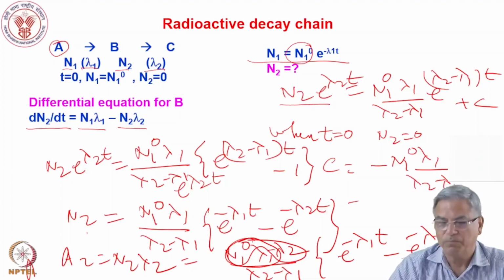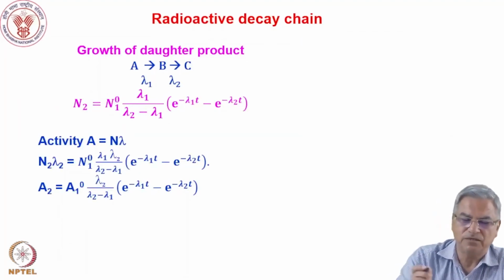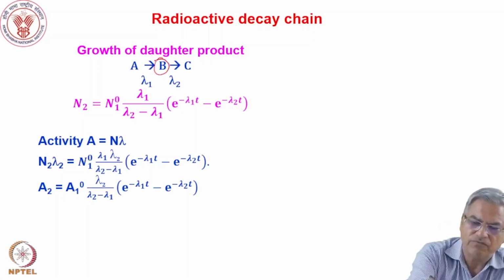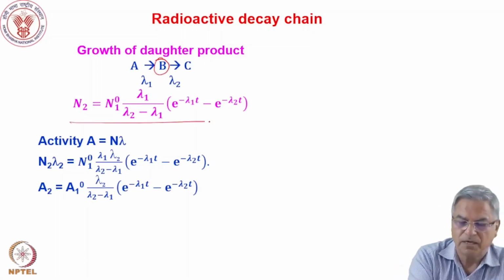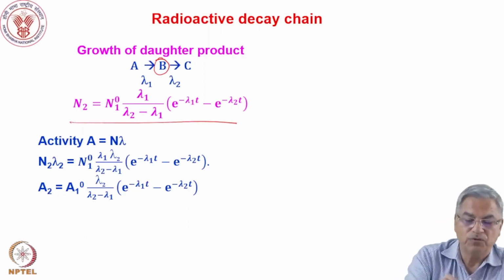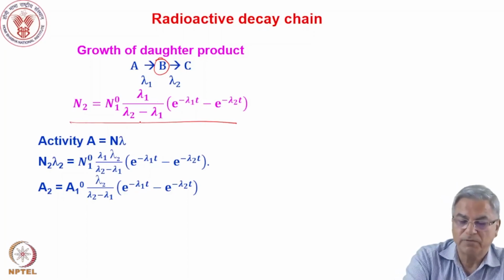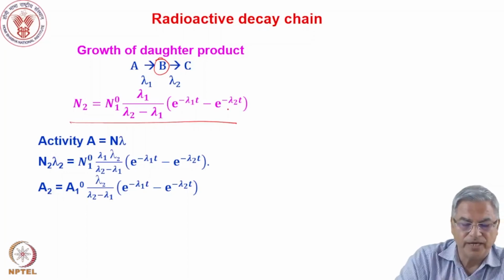I hope you remember the derivation of this, which will be used many times in subsequent lectures also. So the net result of the radioactive decay chain is that if you want to find out the activity of B at any time t, we determine the number of atoms of B, N2 equal to N1 0 lambda 1 upon lambda 2 minus lambda 1 into e raised to minus lambda 1 t minus e raised to minus lambda 2 t, and activity equal to N lambda.